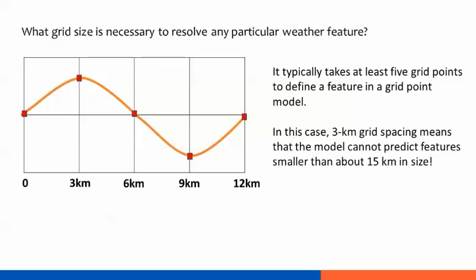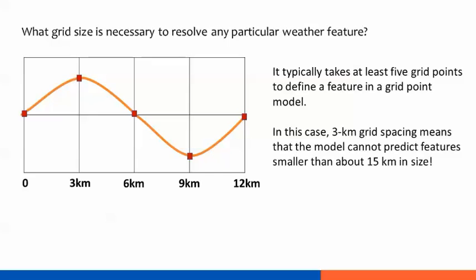In this case, 3 km grid spacing means that the model cannot predict features smaller than about 15 km in size. Thus, don't expect accurate prediction of local flows on the scale of 15 km from a model with a 3 km grid spacing.